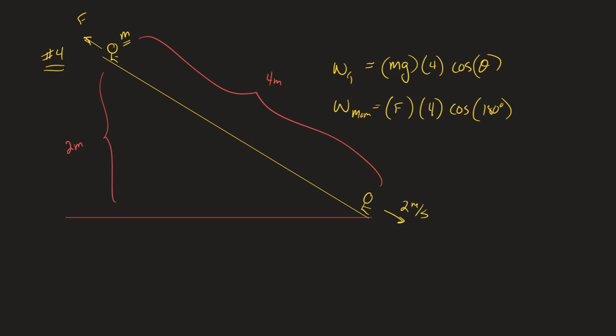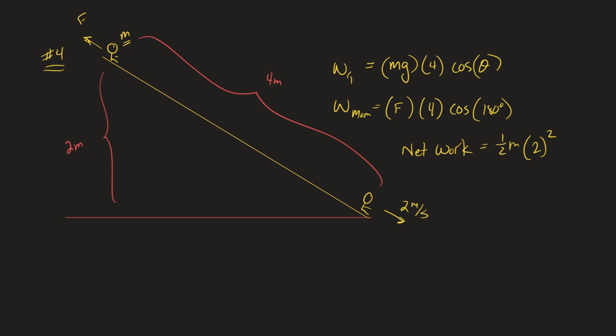Now, whatever happened there, the net work is going to be equal to 1/2 m v squared, because that's the kinetic energy of the child at the bottom of the slide. Assuming they started from rest, this would be the child's change in kinetic energy. Good so far?